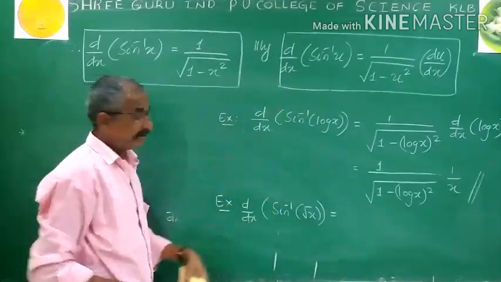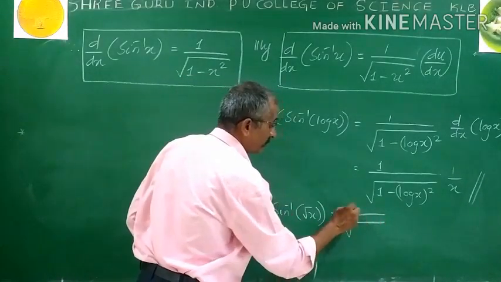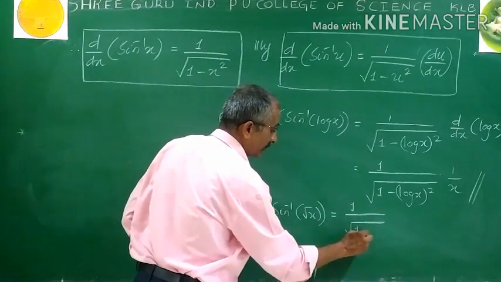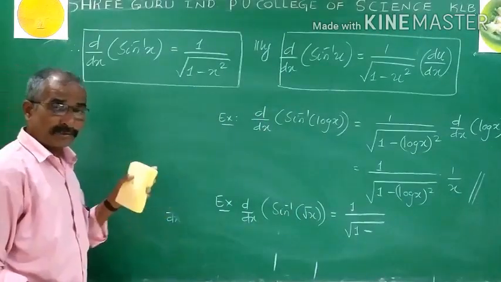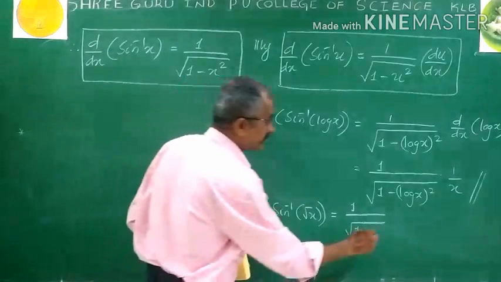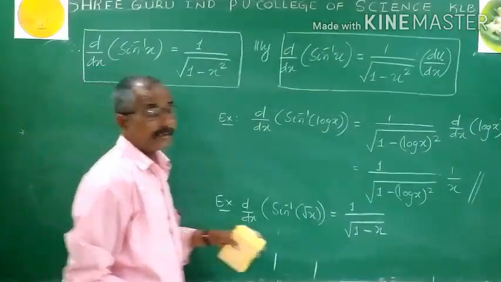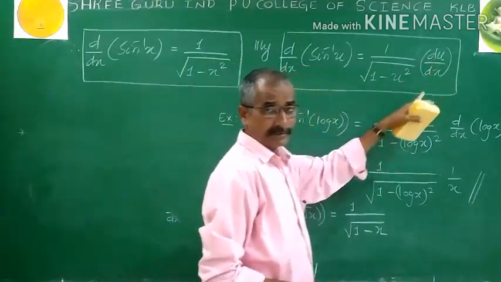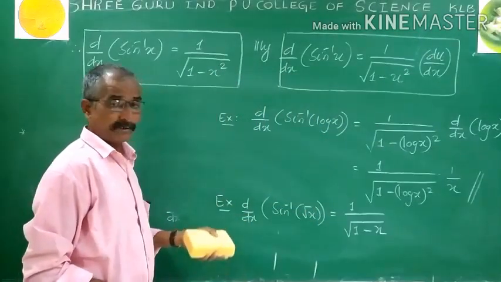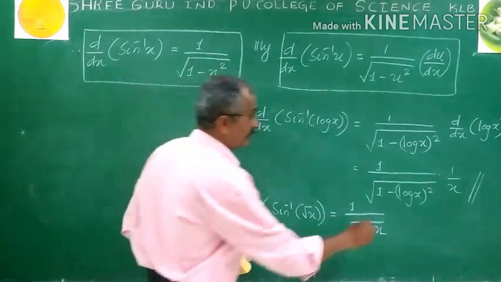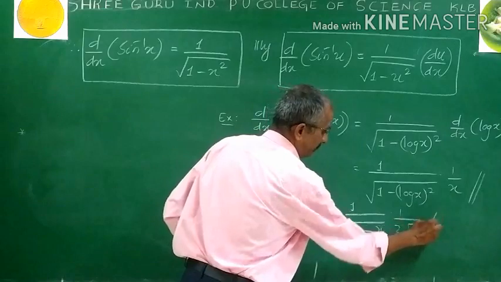So the answer becomes 1 divided by square root of 1 minus u square. More importantly, u is root x, so root x whole square will be just x. And further, you must take care of du by dx. Namely, u means root x, so we know that the differentiation of root x is 1 by 2 root of x. That's the final answer.